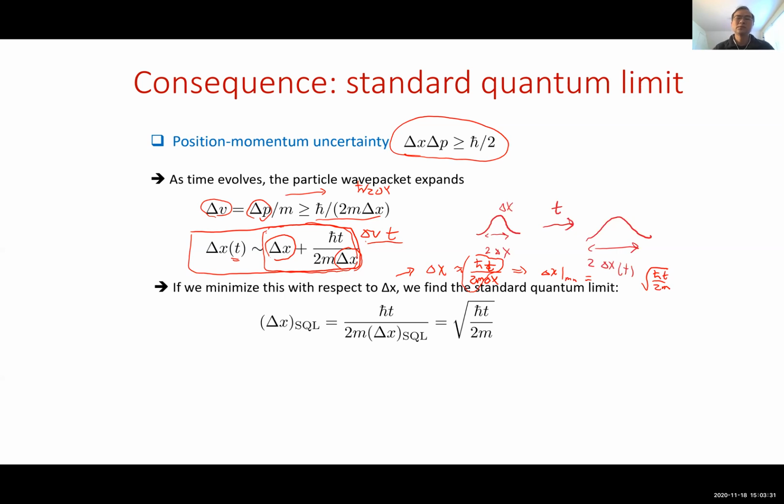So this means that if I have a wave packet that has such uncertainty in position, then it will not expand too much, and with respect to delta x, it's optimized at this value.